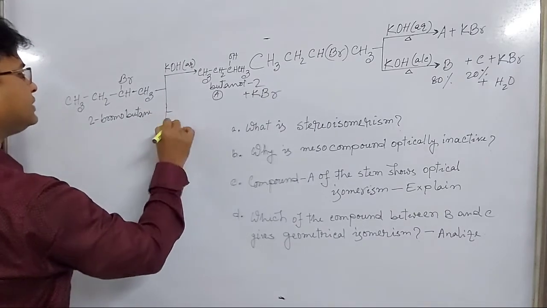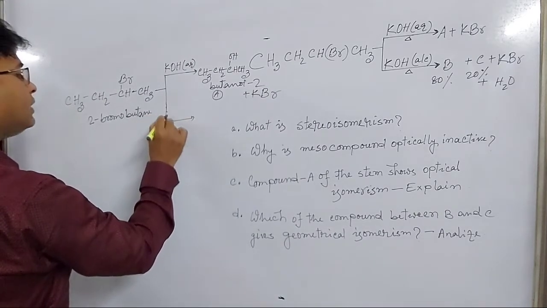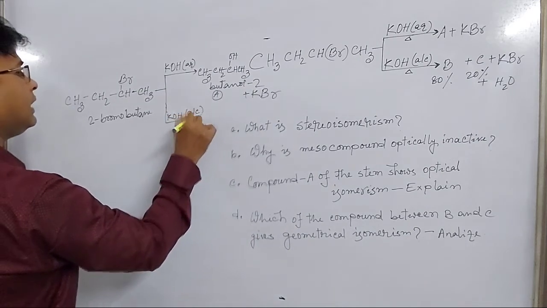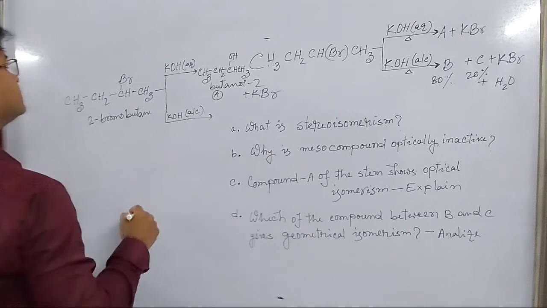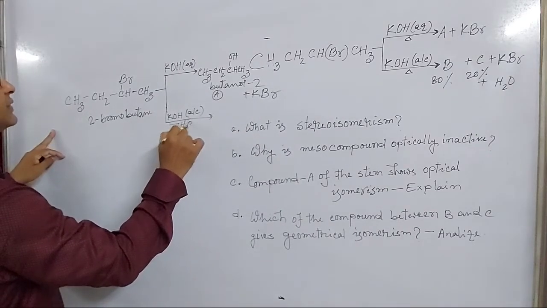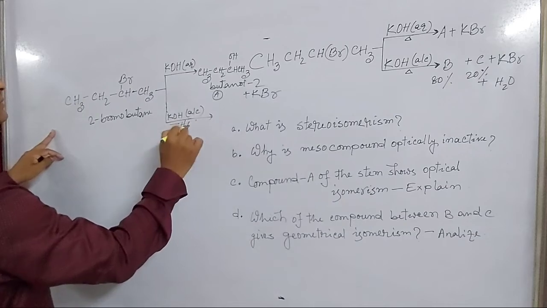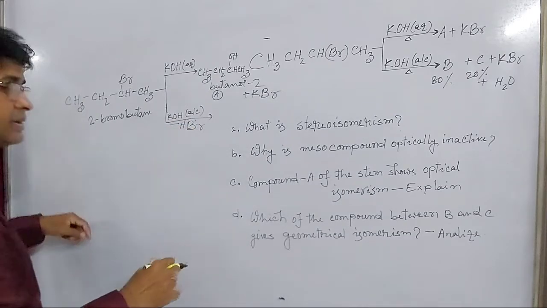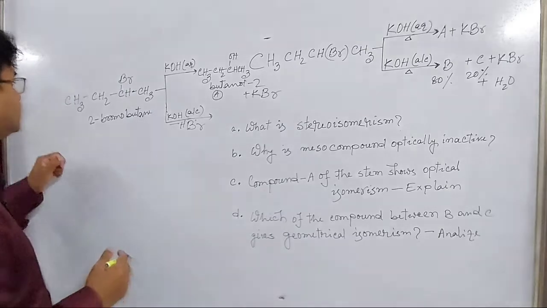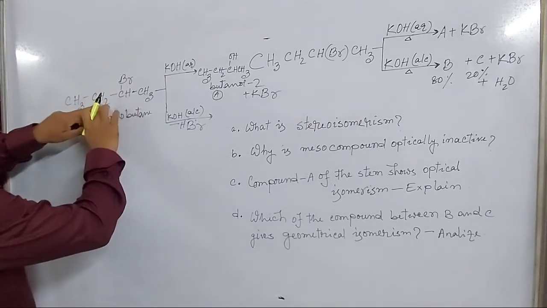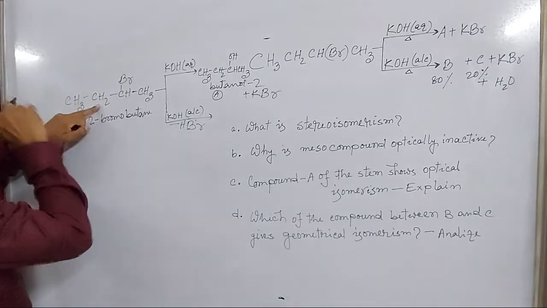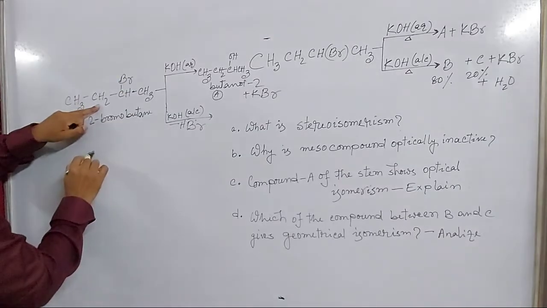And if I use here alcoholic potassium hydroxide, I mean potassium hydroxide dissolved in alcohol, then hydrogen bromide is eliminated from the reactant. This is actually an elimination reaction, and we will study the elimination reaction very broadly. So students, one hydrogen atom from the third carbon and bromine can be eliminated here.